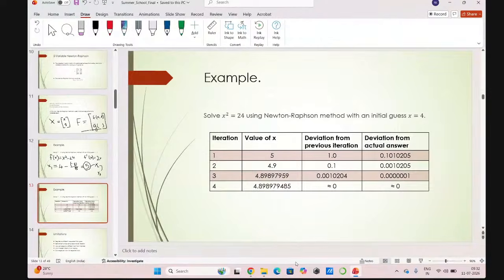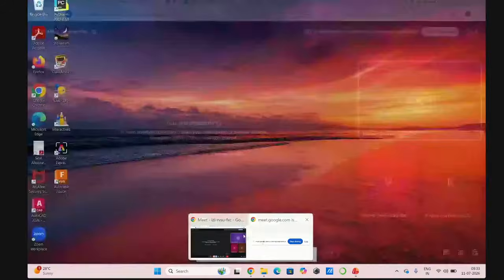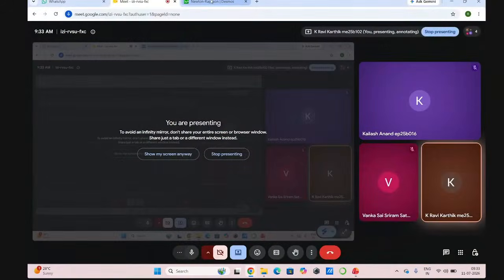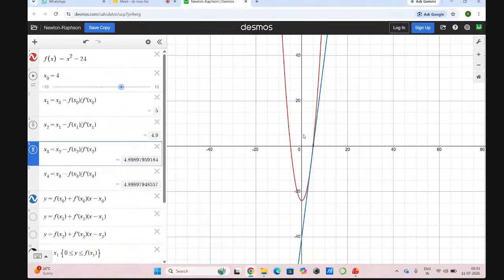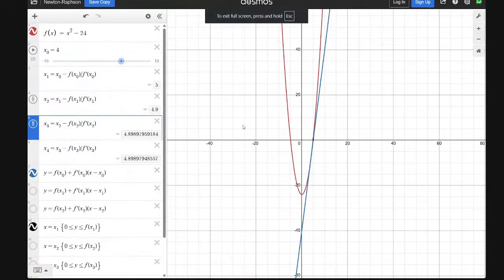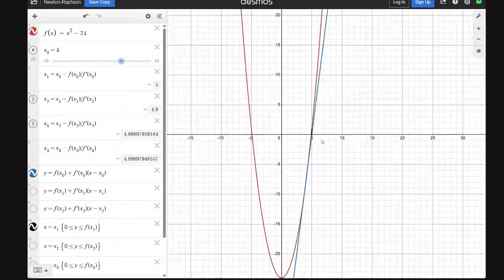Now that we know how this Newton-Raphson method works, let us look at a graphical representation of this method. Let us consider the same equation that we have taken in the example, f of x equals x square minus 24, with an initial guess x equal to 4.